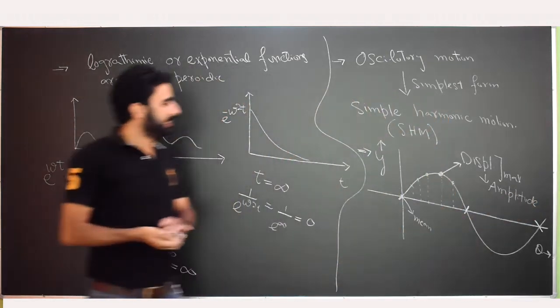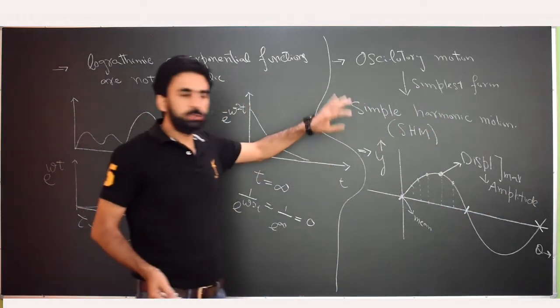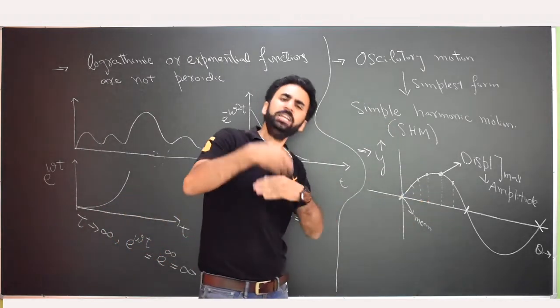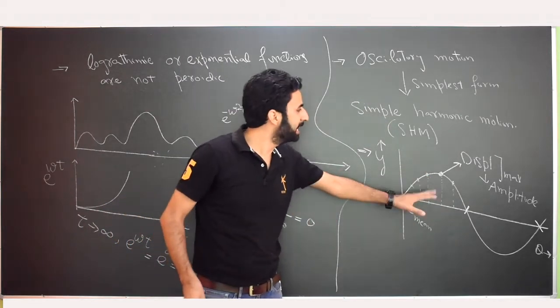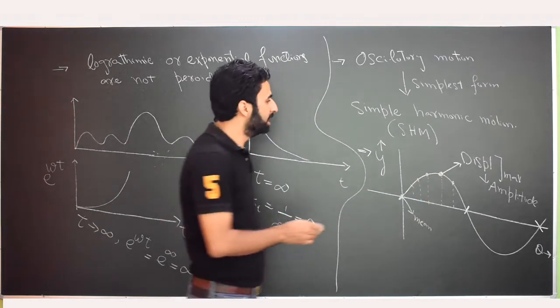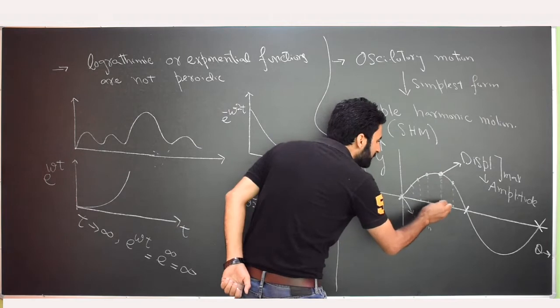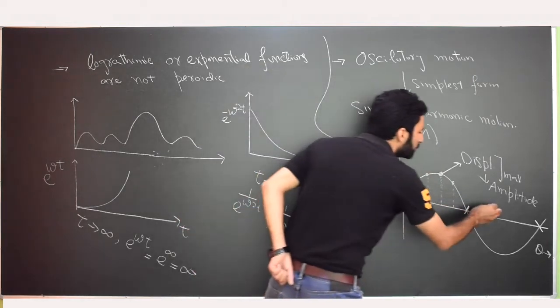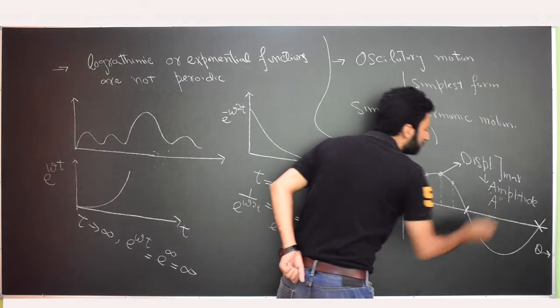So the amplitude of a particle undergoing simple harmonic motion, or any oscillatory motion, is the maximum displacement of the particle from the mean position. Let's represent it by capital A.